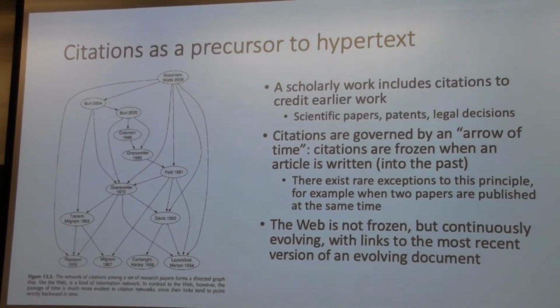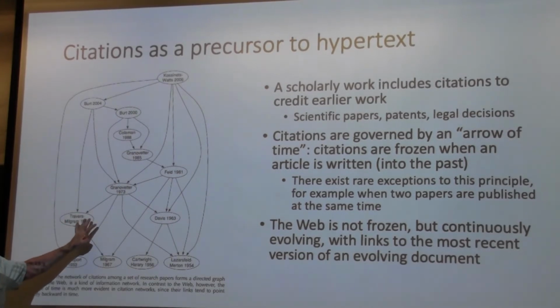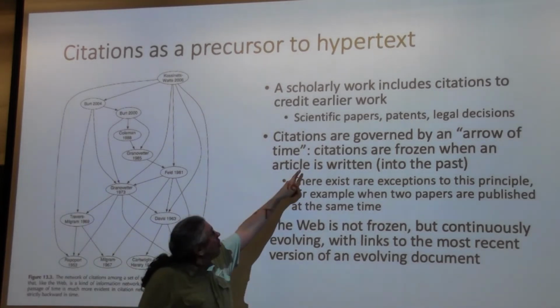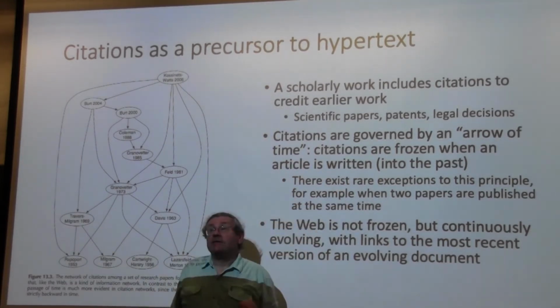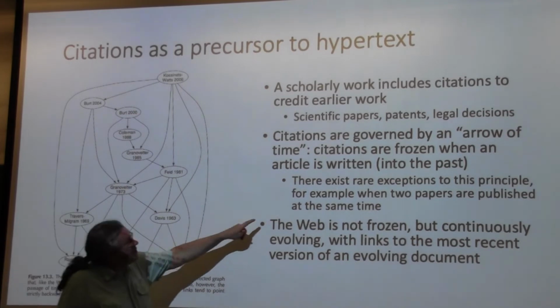This is mostly a directed acyclic graph because citations are always going into the past. The difference between this and the web is that in the web you can have cycles, of course, but here it's always going into the past. Almost always. There are a few exceptions.